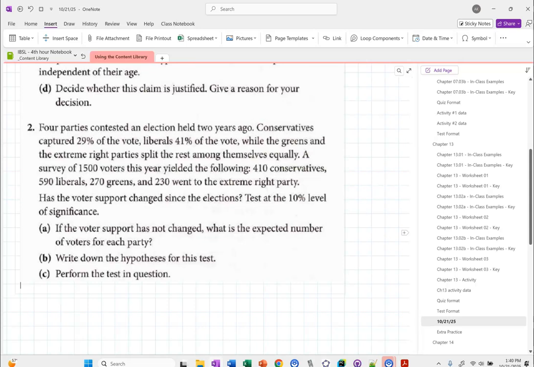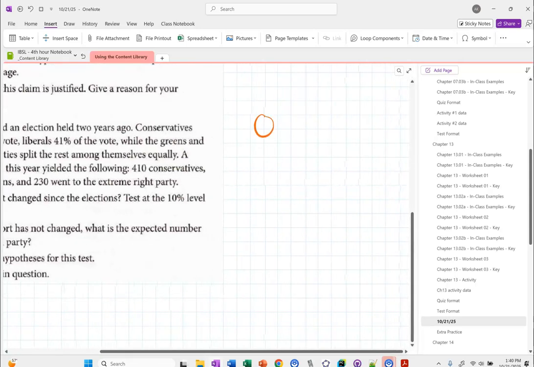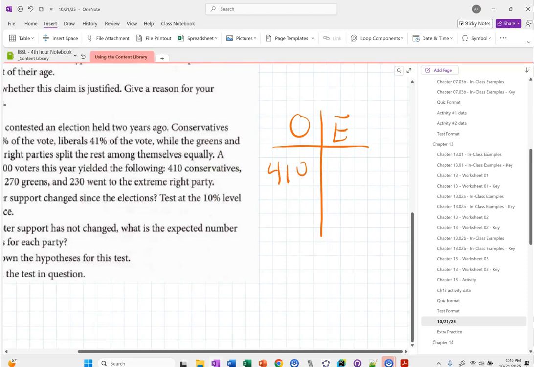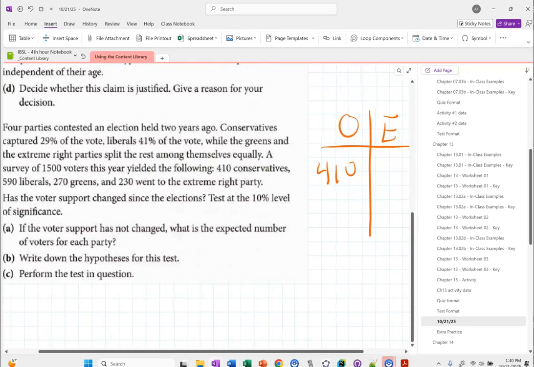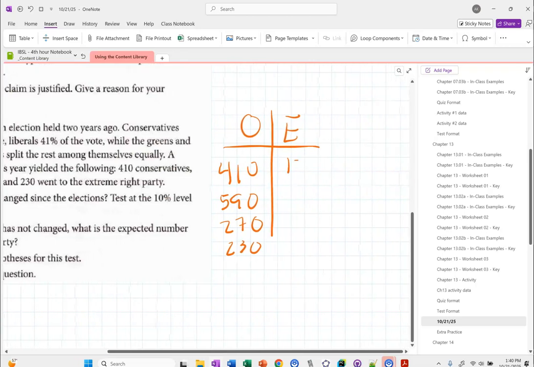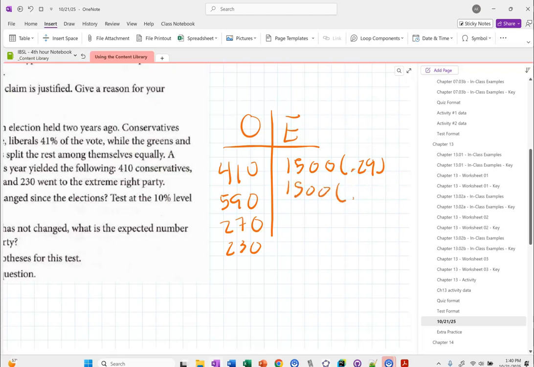So Colby, you're going to have two lists, right? You have the observed that was given to you in the problem, and then the expecteds, which now we have to calculate, which we just talked about verbally how we're going to do.